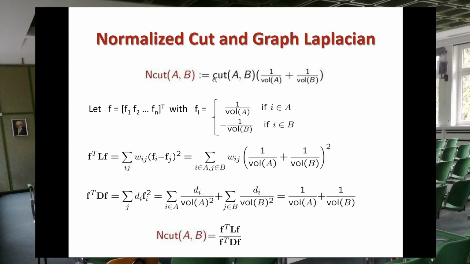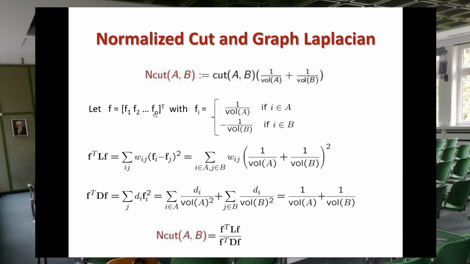So we are going to use these matrices L and D to compute the solutions of our spectral clustering. Keep in mind that our normalized cut is defined as the cut times this expression here. We are going to approximate this using multiplications of some vectors with the Laplacian and the degree matrix. So first consider a vector f.